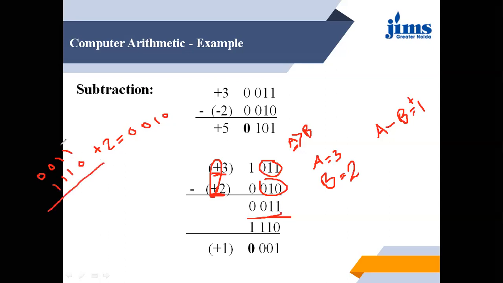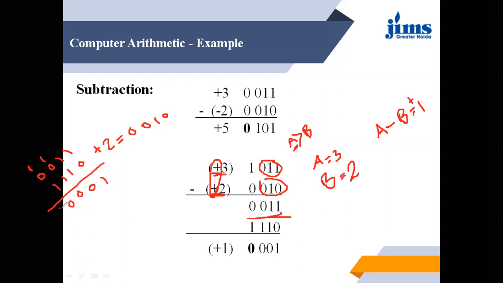Now we have to add these. 1 plus 0 is 1, 1 plus 1 is 0 with a carry 1. So 1 plus 0 plus 1 is 0 with a carry 1, and 1 plus 1 is 0 with a carry 1.